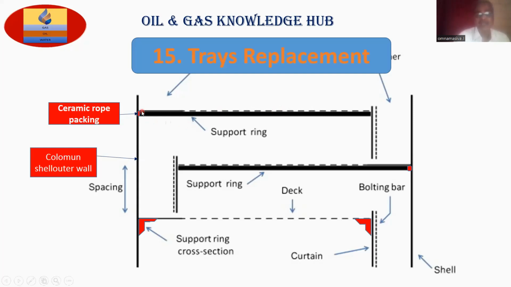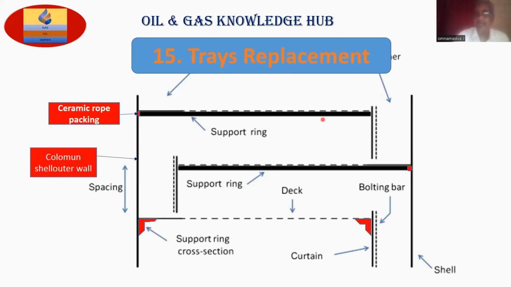Because of that, the designer will provide a 25 mm gap between the inner shell wall and the tray. Between these two, a ceramic rope packing will be inserted around the shell wall. Why? It has high temperature resistance, and it will restrict the thermal expansion of the metals.